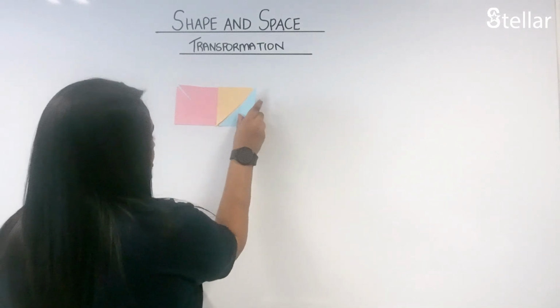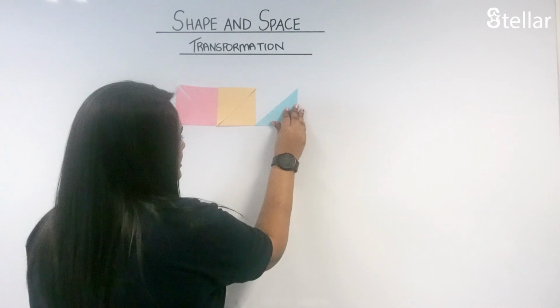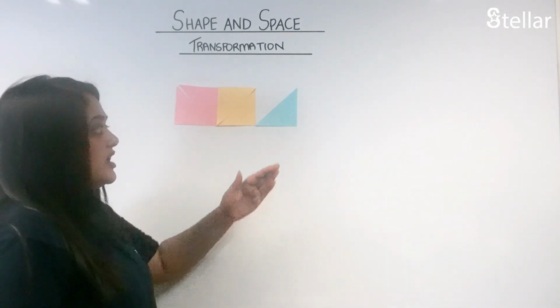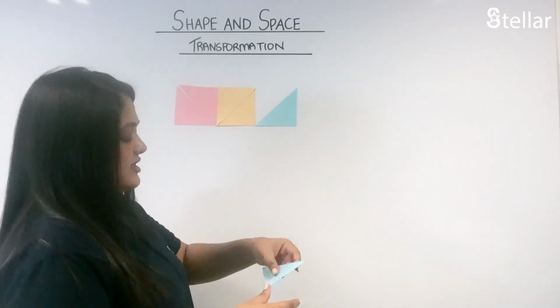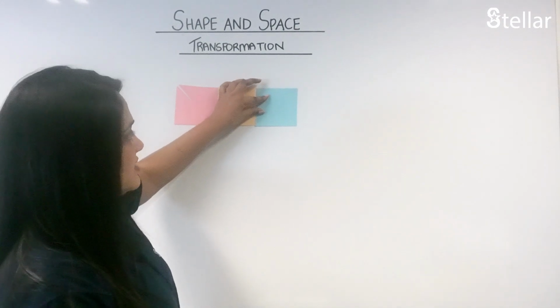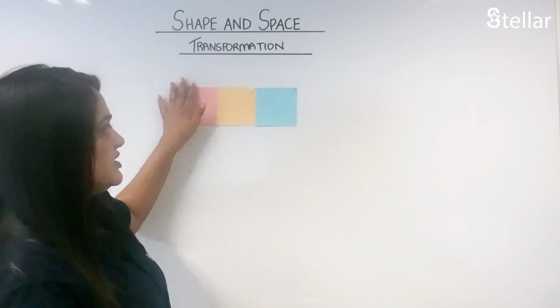What if I take this triangle and I translated it? What if I took that triangle and I reflected it? Then that triangle would be reflected on this side. And then I would be creating squares next to each other.